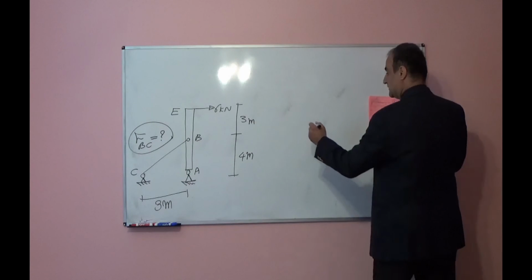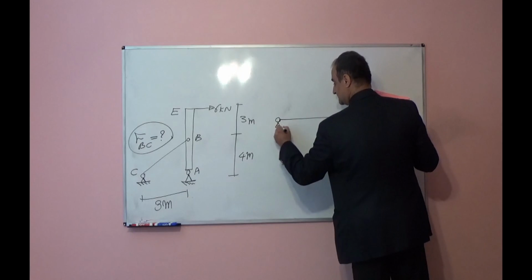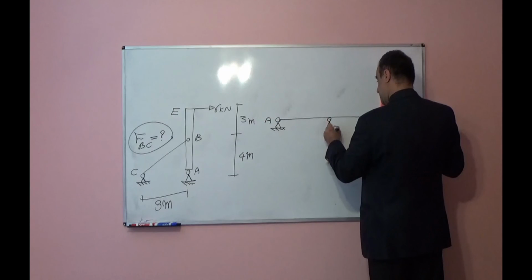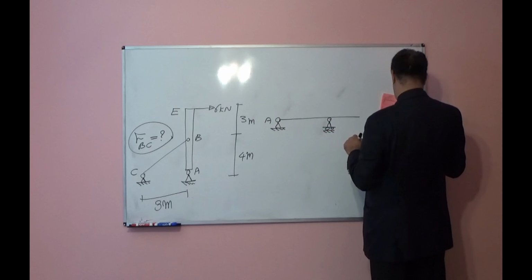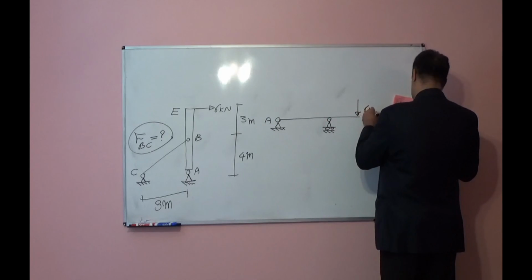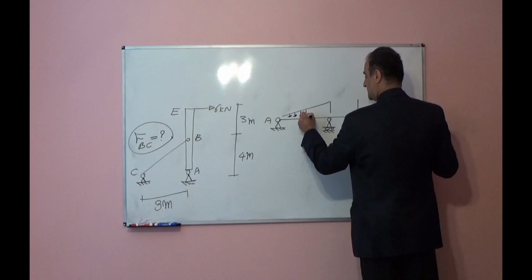Another one, you have this beam, point A, point B, hinge and roller support, 6 kN here. This part we have a triangle load.